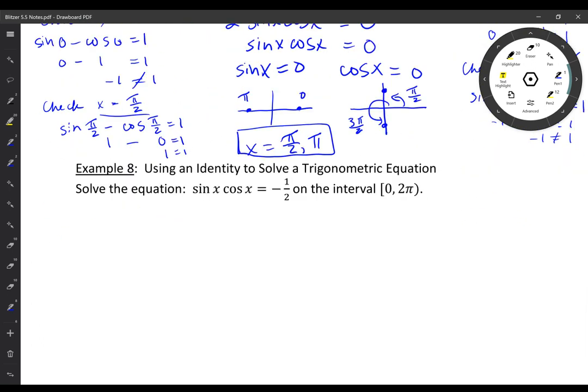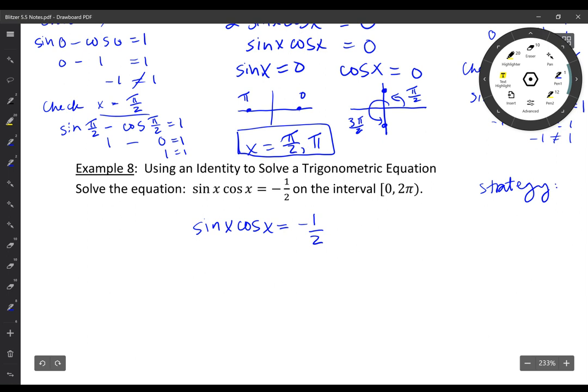Our last one, sine x cosine x equals negative 1/2. Our strategy on this one, this is maybe the most surprising one, is going to be to multiply by 2 on both sides. And if we multiply by 2, we can use a different trig identity.